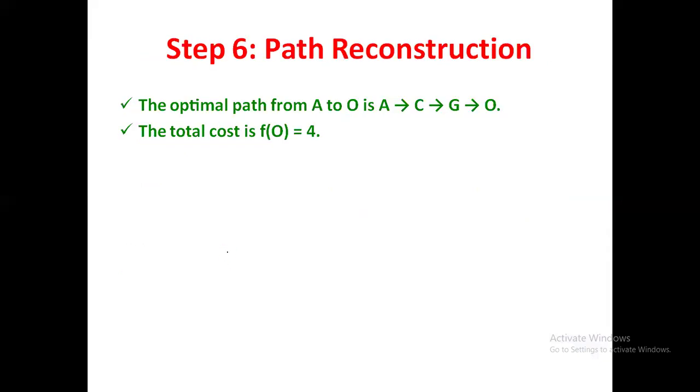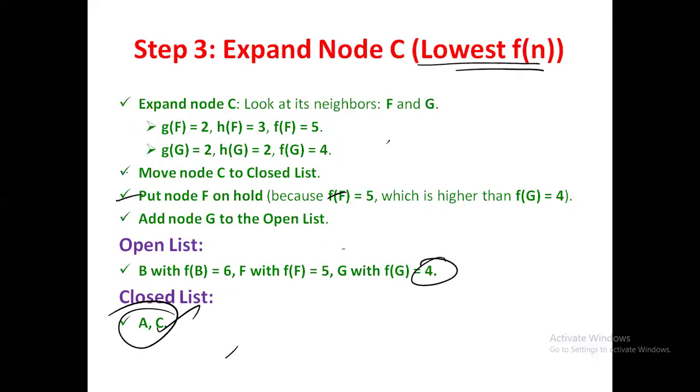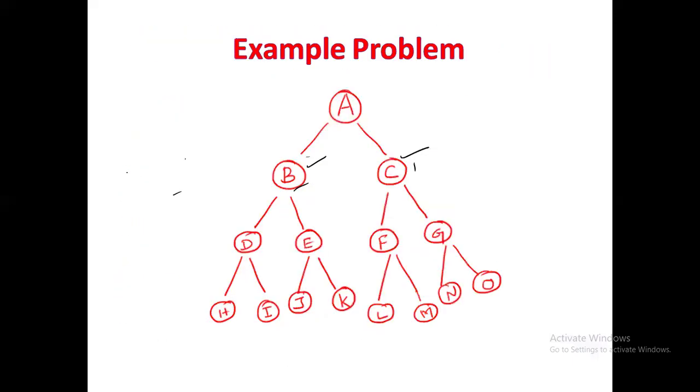So finally, the last step is the path reconstruction. The final optimal path is determined by tracking back from O. We are tracking back from O: O to G, G to C, C to A. This is the shortest path. Identifying the shortest path is A to C to G to O. Correct?